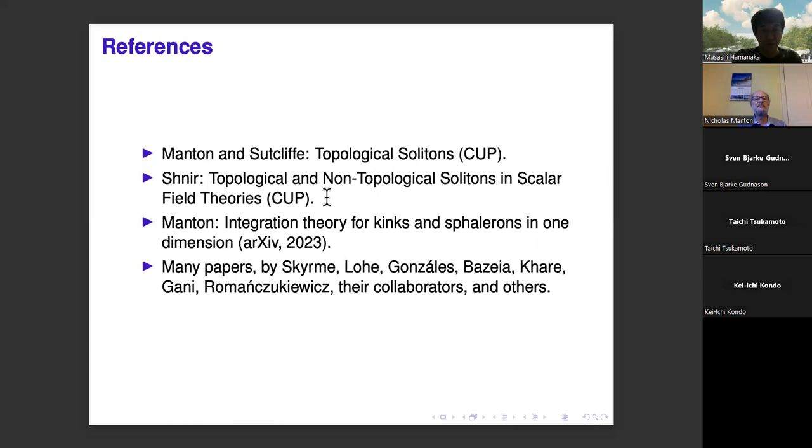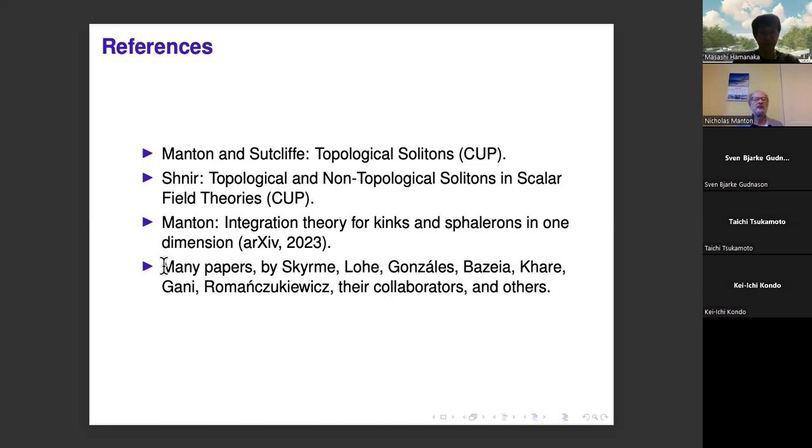Both of these are CUP, Cambridge University Press, books. I've written a very recent paper, which is just on the arXiv, only yesterday, on which this talk is based, and it has quite a lot more details, one or two more examples, and lots more references to the literature. I can't do justice to the literature.